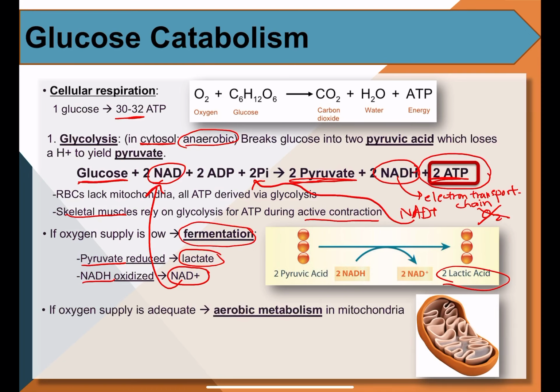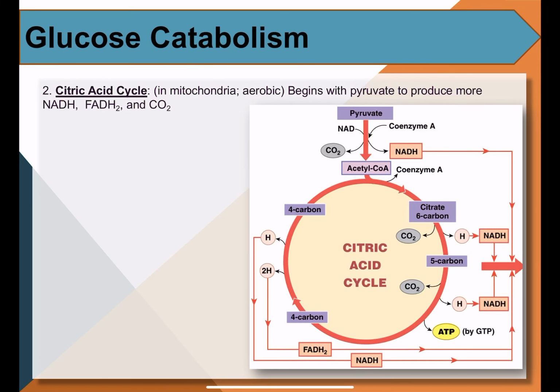So if oxygen supply is adequate, we can move on to the next step of cellular respiration involving aerobic metabolism, which means these are the steps that do require oxygen, and that happens within the mitochondria. The second step of cellular respiration is the Krebs cycle, also known as the citric acid cycle, or the TCA cycle.